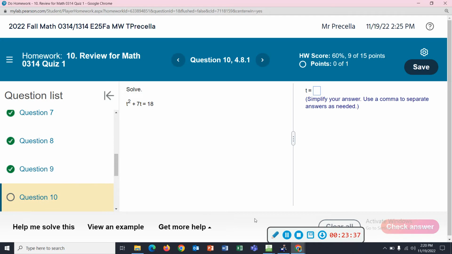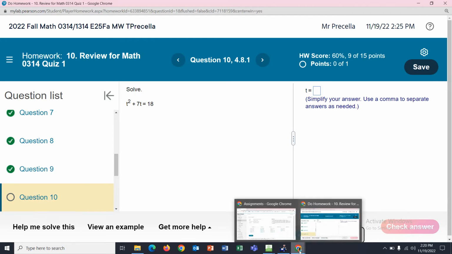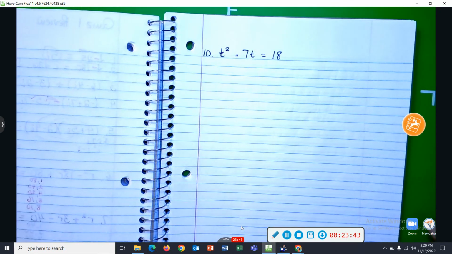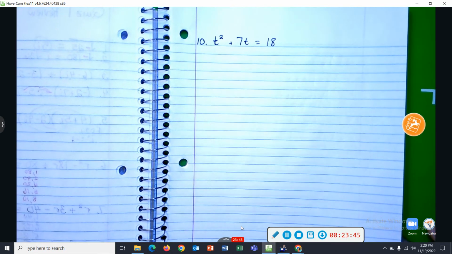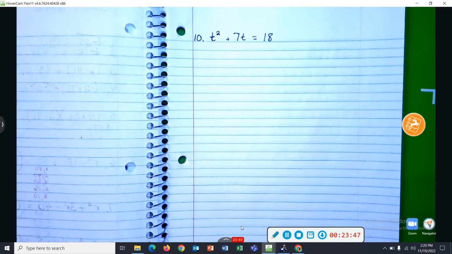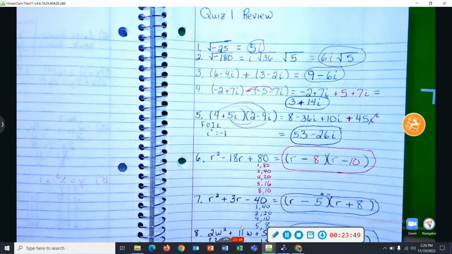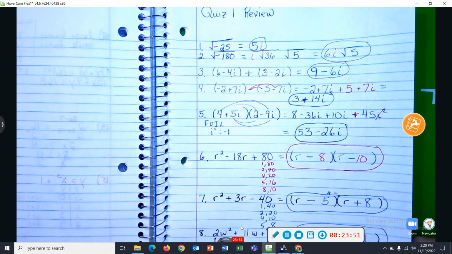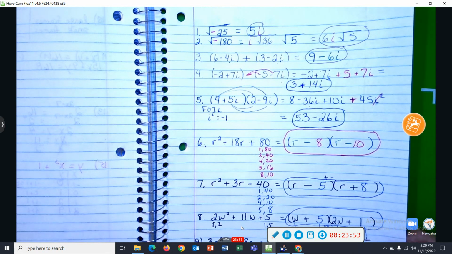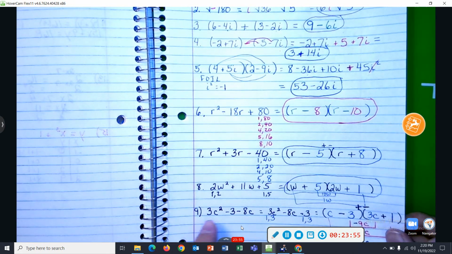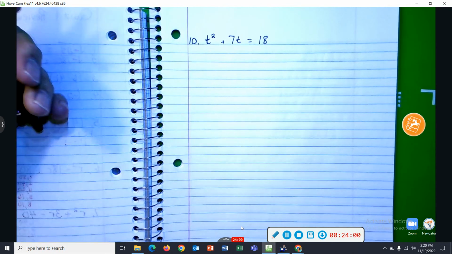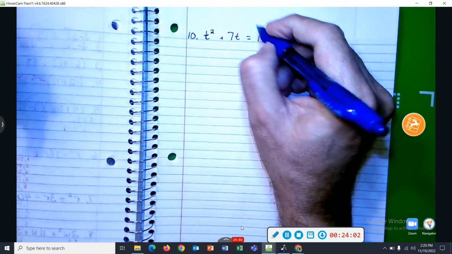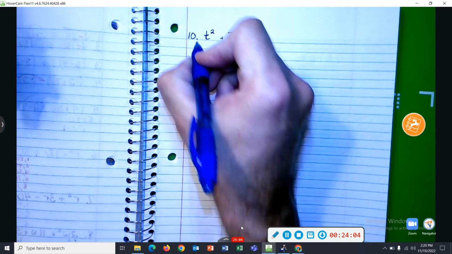Well, to solve this, we have to put it in the descending order, just like over here on these, they have to be in descending order, for number 9. And we need a 0 on one side of the equal sign. So I'm going to move this 18 over.